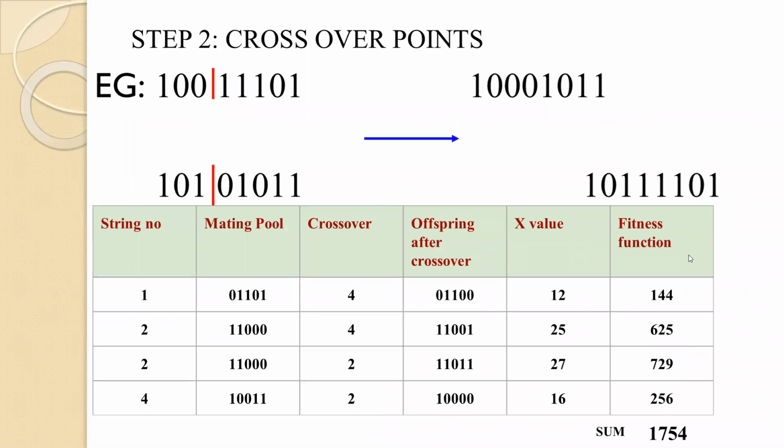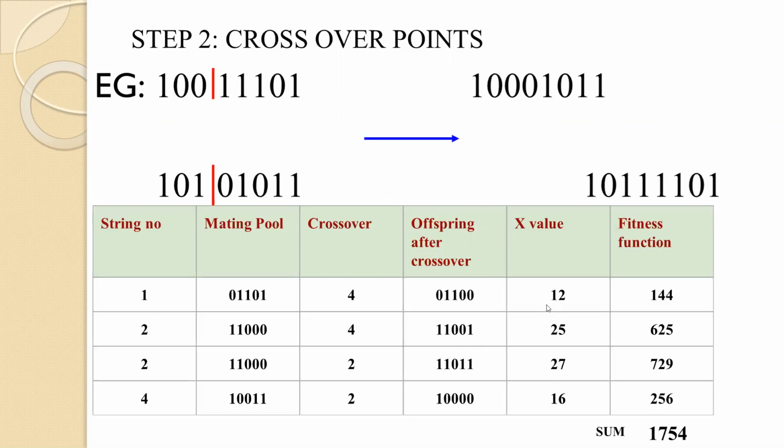Next step, perform crossover. For example, randomly select the crossover at the fourth bit. 1000101 is our output, 1011101 is the secondary output. So the previous column makes crossover, and your next column converts this into binary: 12, 11001 binary is decimal 25, binary 11011 is decimal 27, 10000 binary is decimal 16.